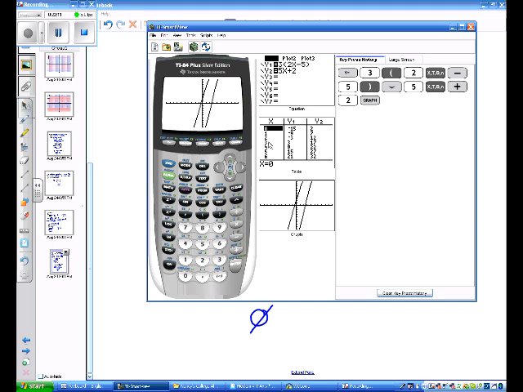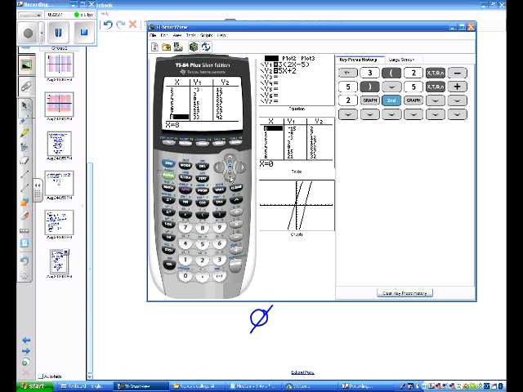Or we can go through our table and arrow down so that we can find out where those values are. If we look in our table now, arrowing down, what we're looking for is finding an x value and finding the value where both the y's are the same. And this is one way that you can tell it from the table.